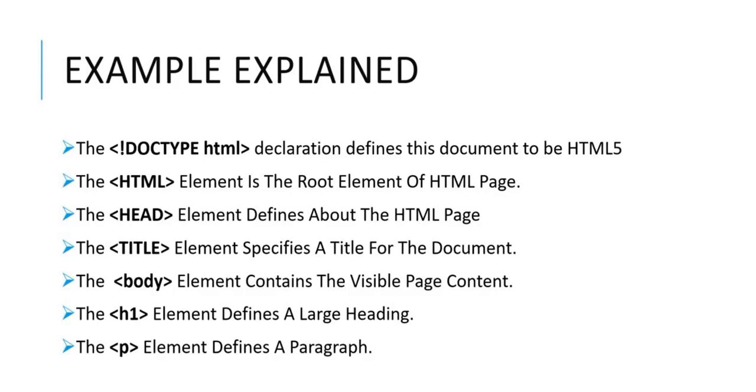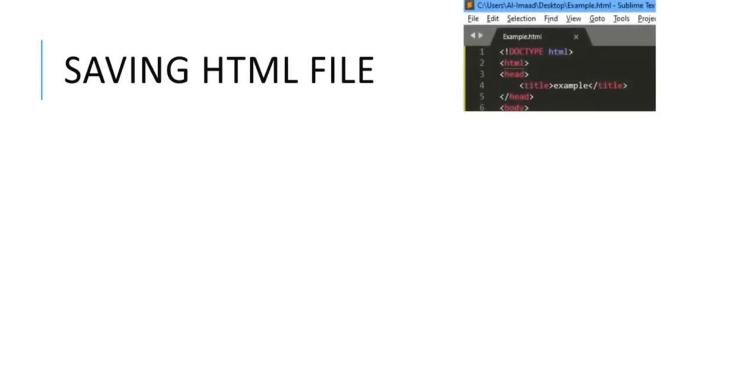So let's go ahead and check out how we can get started. The very first thing to get started, we need a text editor. So we'll be using the Sublime Text Editor for this demo. This is the window from the Sublime Text Editor.